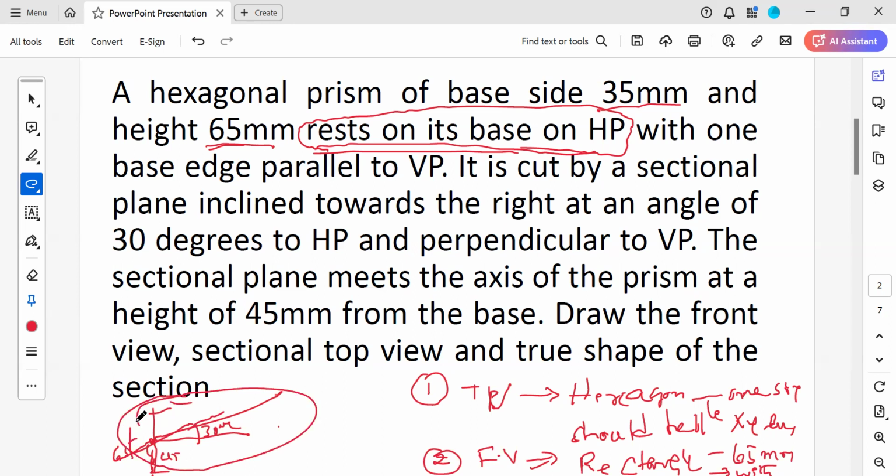This condition we need to remember as the third case. When it is making a section, we need to predict the sectional top view, front view, and the true shape of the section.